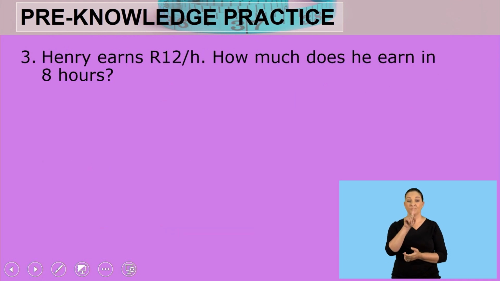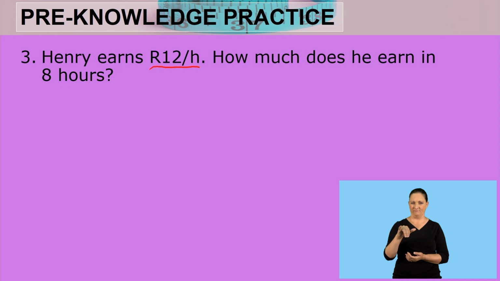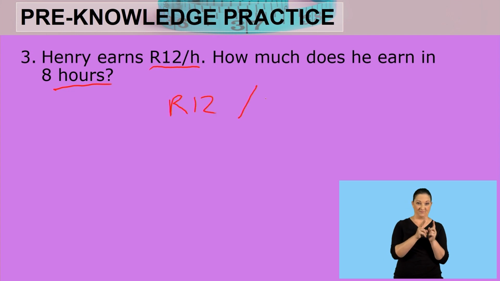The third question now. Henry earns 12 Rand per hour. How much does he earn in 8 hours? If you look at this concept, that's the concept of rate. We have two different quantities or two different units, rands and hours. So we'll set it up as follows. The rate of 12 Rand per 1 hour.